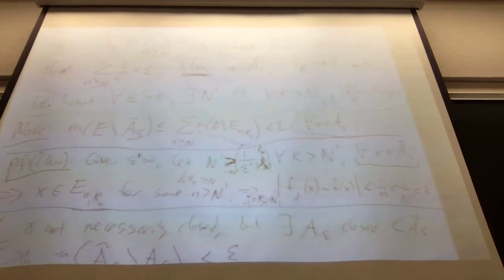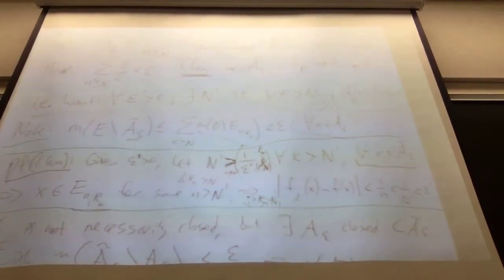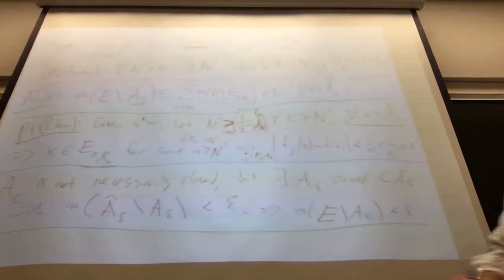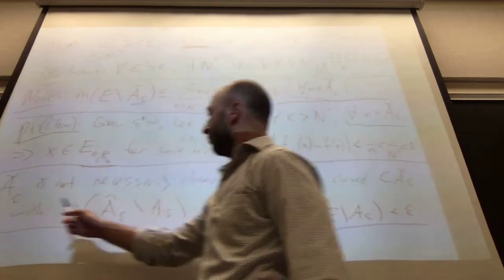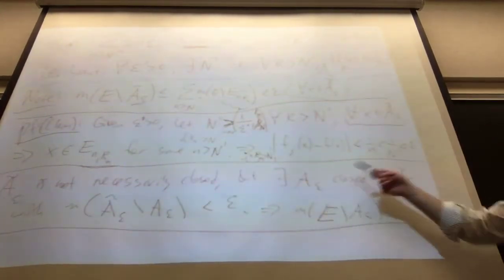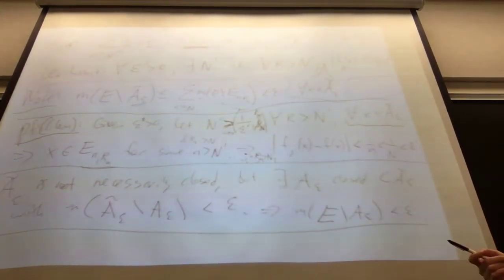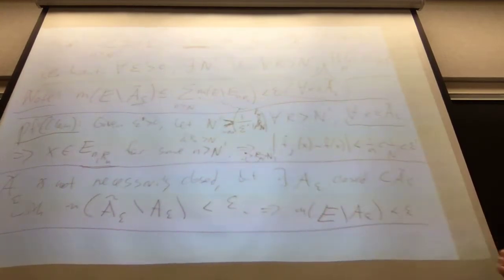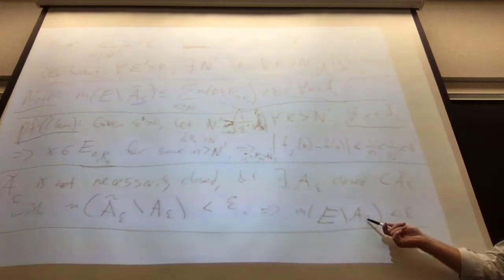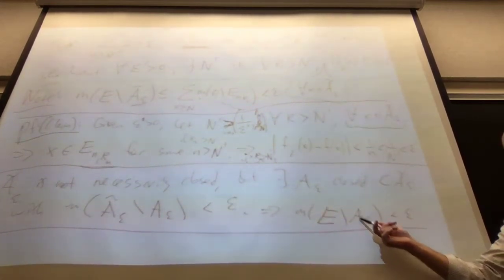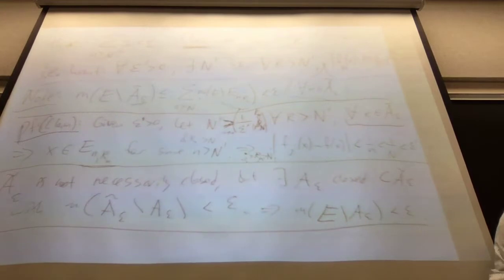And you put the epsilons together, hence the measure of E take away A epsilon, which is closed, is at most epsilon. And we have uniform convergence on it. So what we proved before about any measurable set having a closed subset with set difference at most epsilon, now hit it with this A epsilon tilde. We had uniform convergence on A epsilon tilde, so of course we also have it on the subset. And this subset is closed and it has small size.